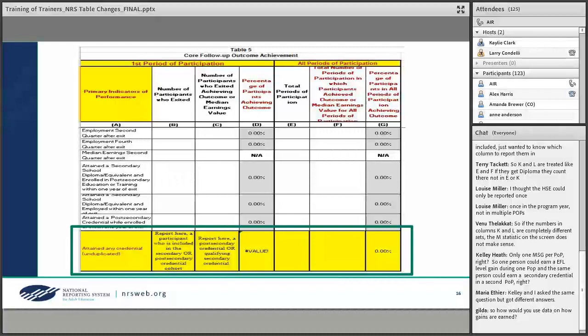So there would be one table that had all the information we needed around credentials. So anyone who got a secondary school diploma, meeting, of course, all the criteria that goes into that, didn't have a high school diploma before, et cetera, and whether they got a job or entered post-secondary, and also the post-secondary attainment.